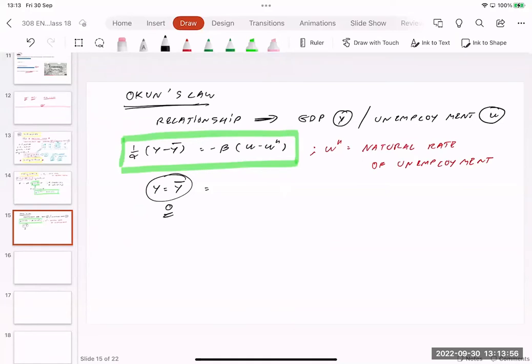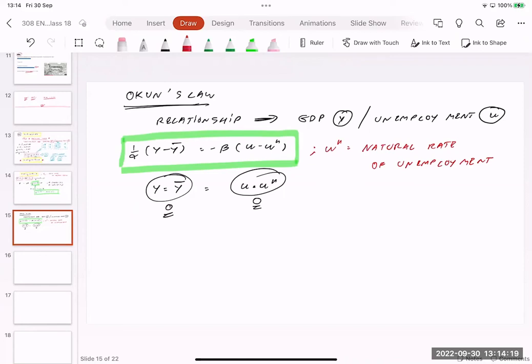If the left side equals zero, it means that the right side has to be equal to zero, which means that U has to be equal to UN. You see that? So if GDP stays at the best point, equal to Y bar, U as unemployment is also at the best point, equal to the natural rate of unemployment. Both sides of the equation equal zero.